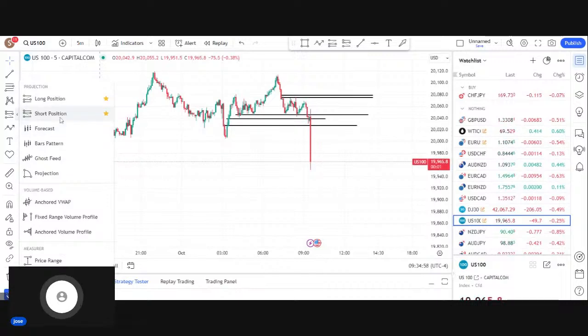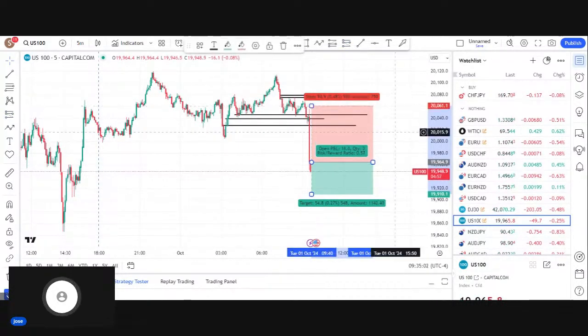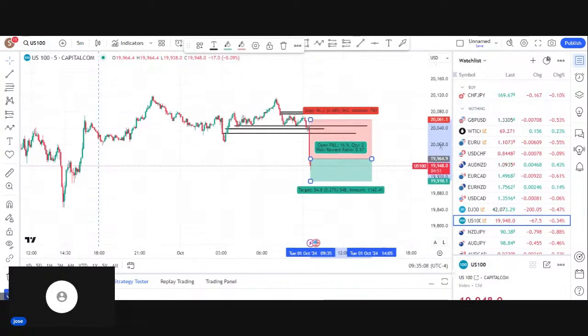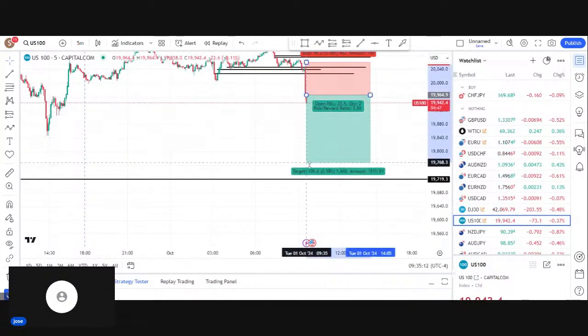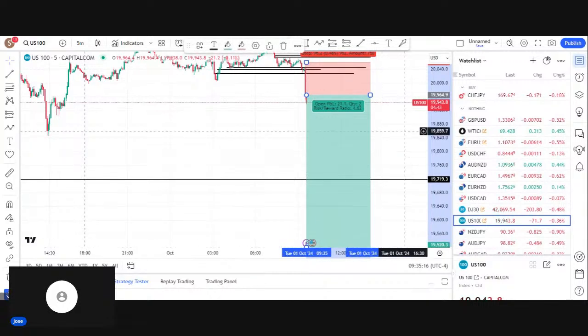If I was to get in, now this one is a big stop, but that would be my entry. Stop loss would be above that breakout candle, and then do a 1 to 3, 1 to 5. Then you just let the market do its thing.